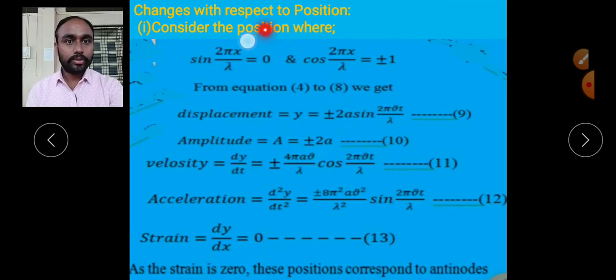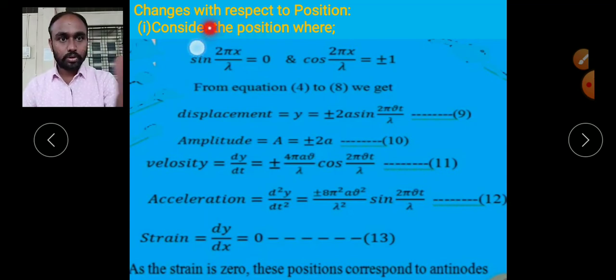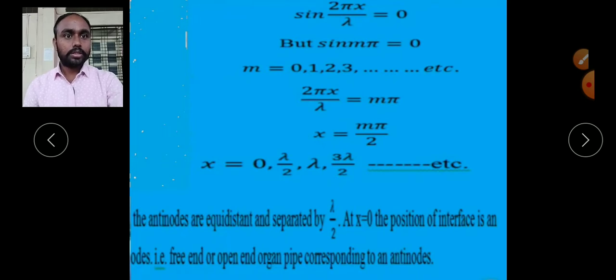Now whatever we have considered here, sin 2 pi x by lambda, we will exactly find what the positions are. We have already considered 2 pi x by lambda equal to 0, since sin 2 pi x by lambda equals 0. In general we know that sin n pi equals 0, meaning sin of an integral multiple of pi is always 0: sin 1 pi is 0, sin 2 pi is 0, sin n pi is 0.